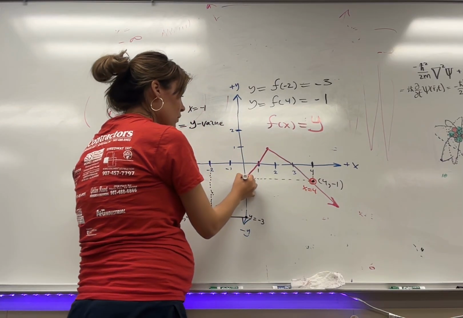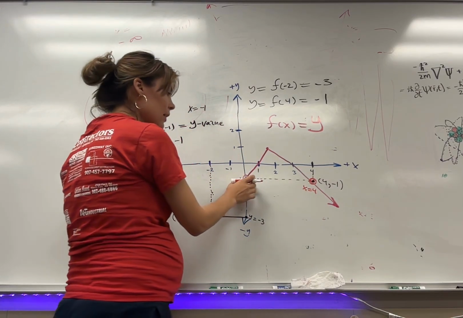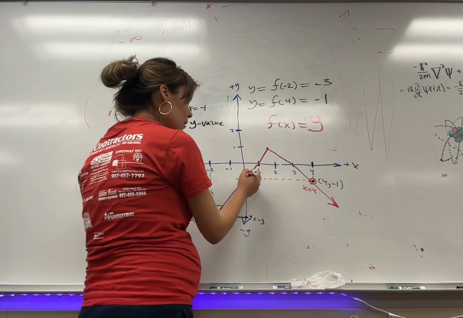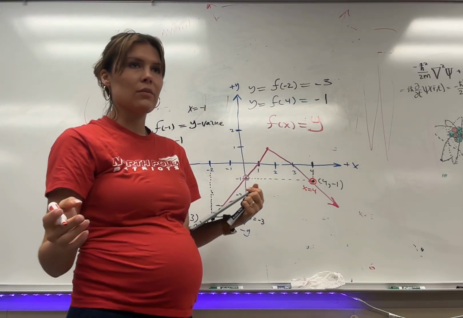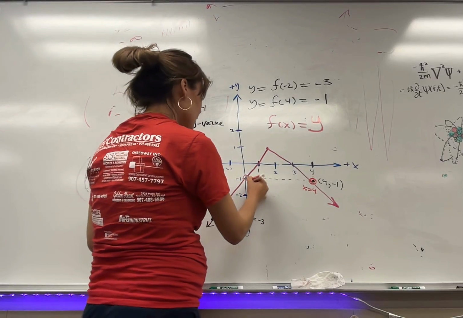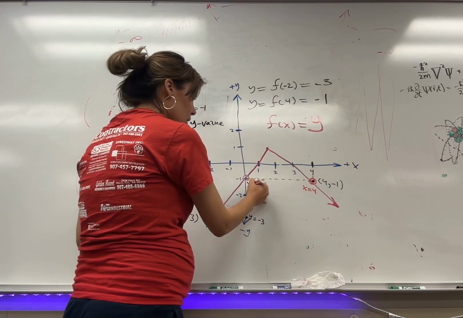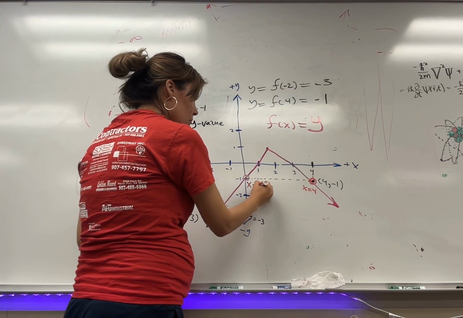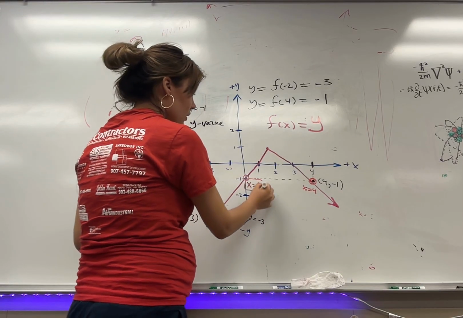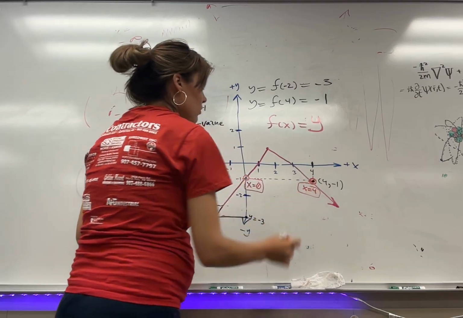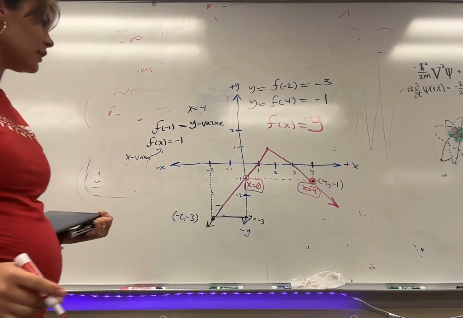It also has a value of negative 1 here. This is the y-intercept, where it crosses over the y-axis. What is the y-intercept? The y-intercept occurs when x equals 0. This has a negative 1 at x equals 0. So those are the two values right there: x equals 4 and x equals 0.